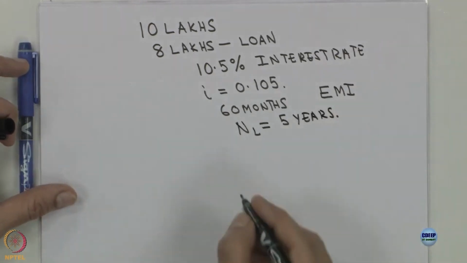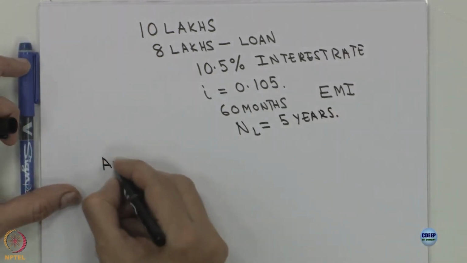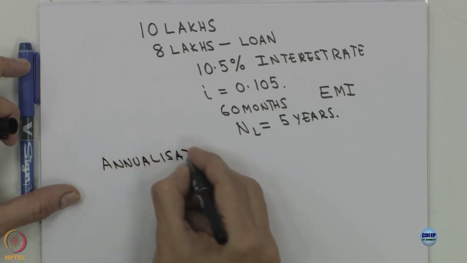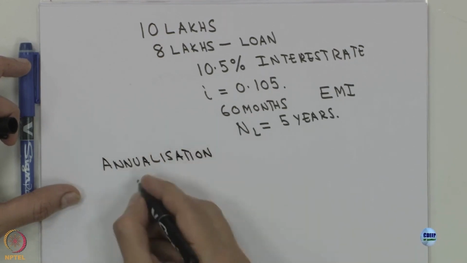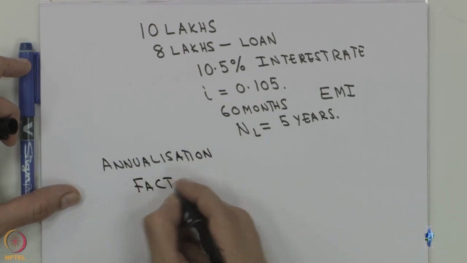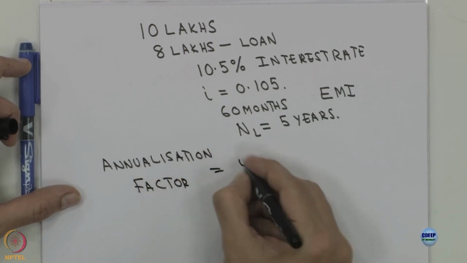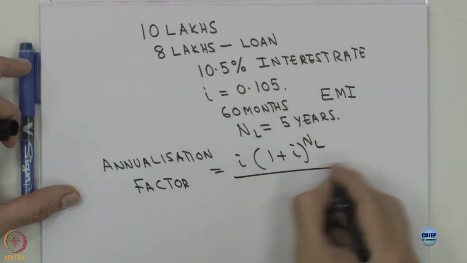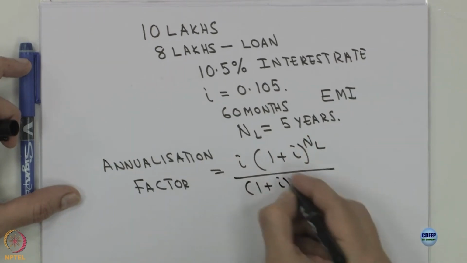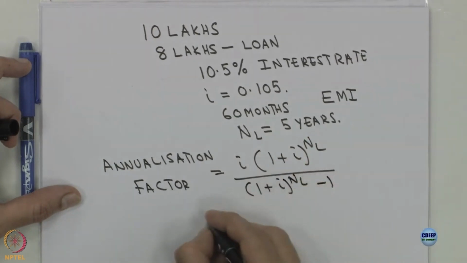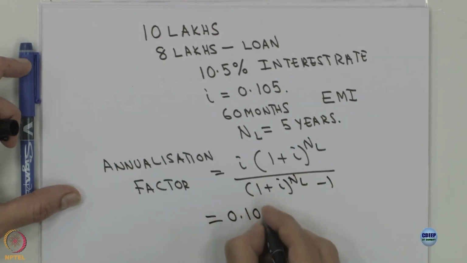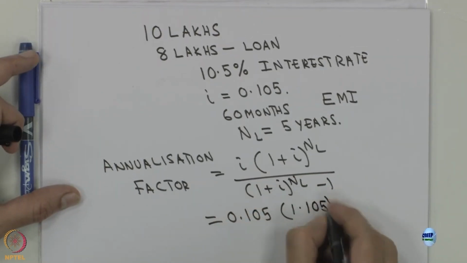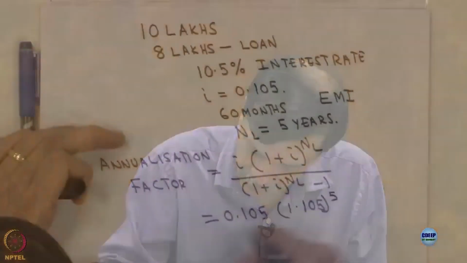So, using our formula, let us substitute and get the annualization factor: I (1 plus I) raised to NL divided by (1 plus I) raised to NL minus 1, with 0.105 and 1.105 raised to 5.